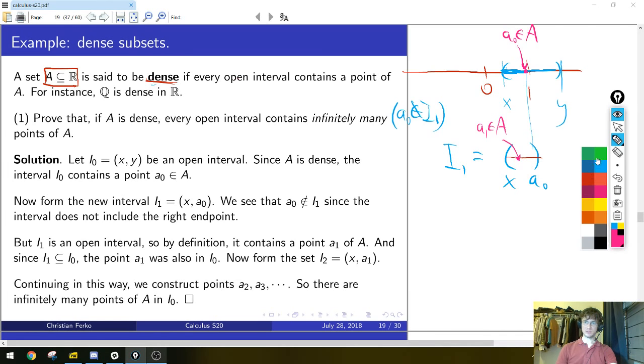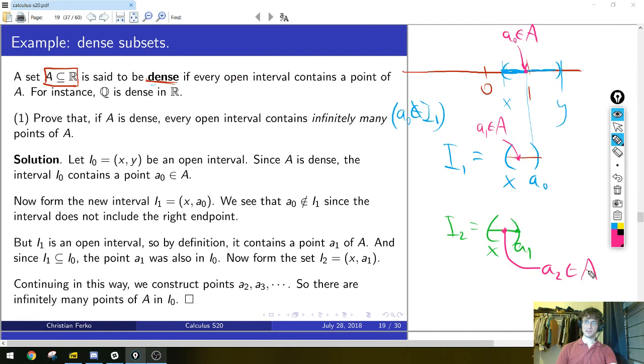But now you can probably see where we're going. You just repeat this definition infinitely often. So you go from x to A1, you don't include that endpoint, and then you apply the same argument again. Say A is dense, so you can always find another element A2 in A, and so on.